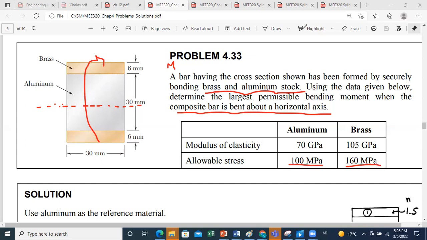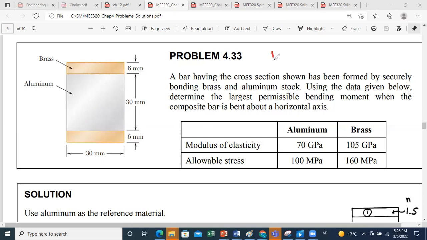So to start with, whenever you have two materials, the first step will be to do a transformation of your section, to modify your section, okay? Now, in general, you can first determine the value of n. n, as we said, is in general the largest modulus of elasticity over the smaller one, and then when we modify the area, we increase it.